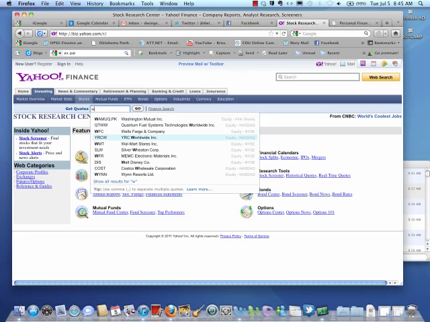Now you can see all the stocks that come up with a W in them, and it'll tell you also what stock exchange they're on. So this one is on NASDAQ. Wells Fargo is here on New York Stock Exchange. YRC Worldwide is on NASDAQ. Walmart is on NASDAQ. Let's just do Walmart. So go.